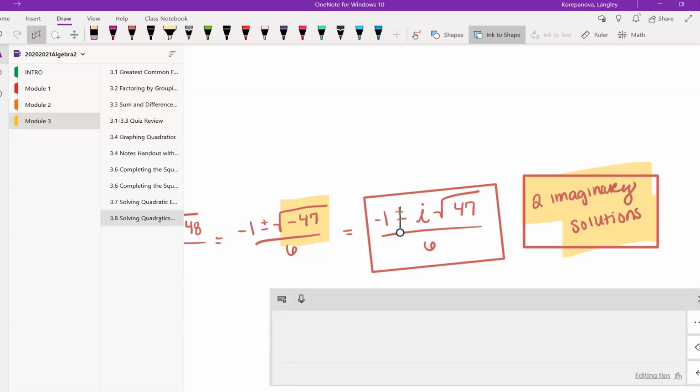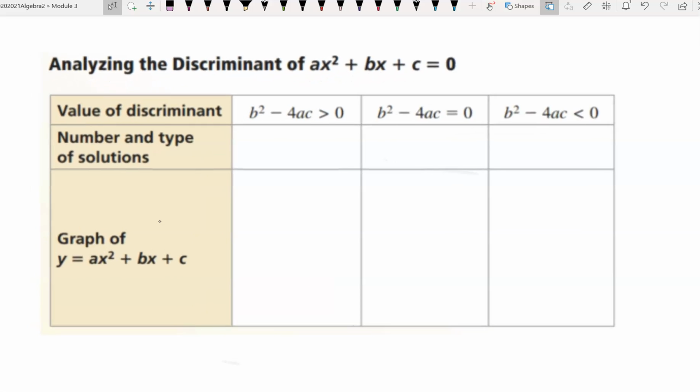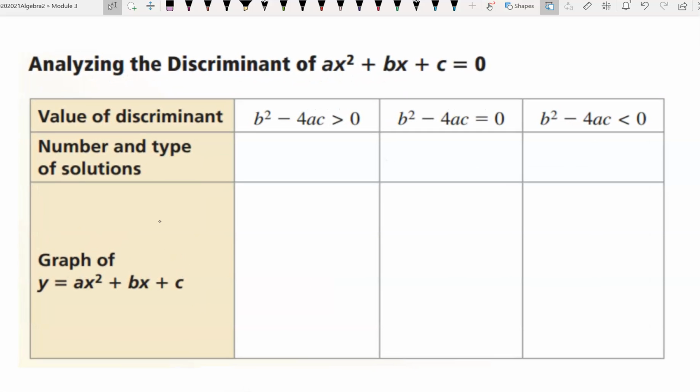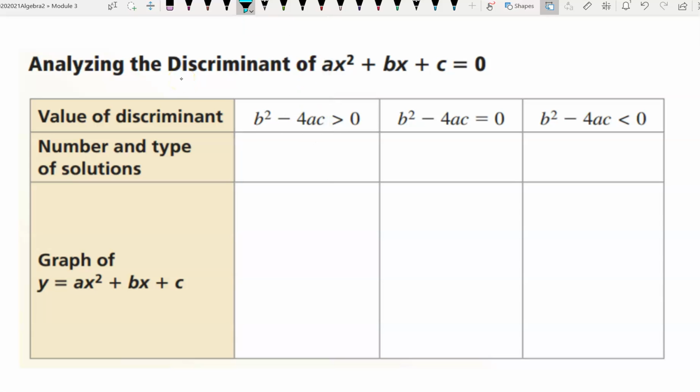Going back to these notes that we're working on right now, I'm going to jump up to this chart right here. Your discriminant is this value right here, which was underneath the radical. Whatever is underneath the radical, I'm even going to write that.